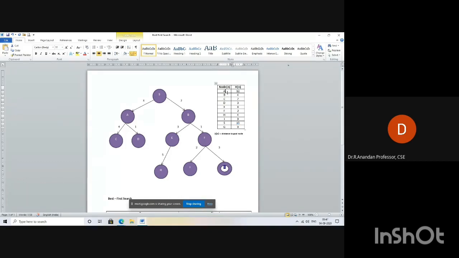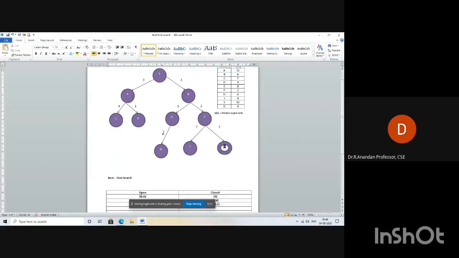For the node A, the cost given is 12. Similarly, for all the nodes, the cost is already given to you, and the cost between S to A, S to B, and B to E is already given. Now you have to do the best first search strategy to find an optimal solution to discover the path.